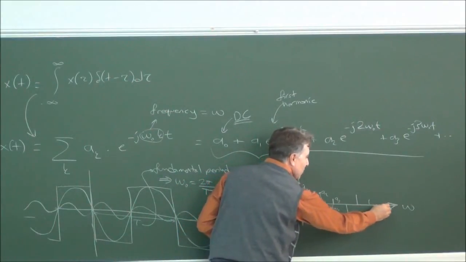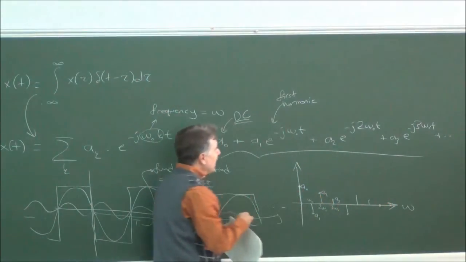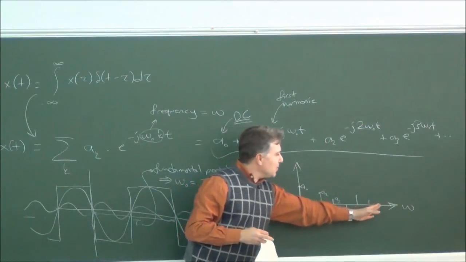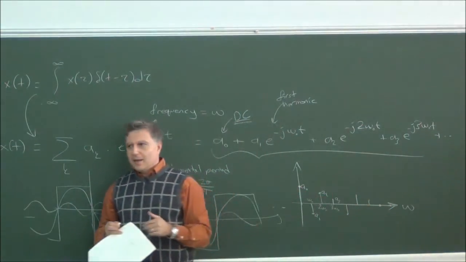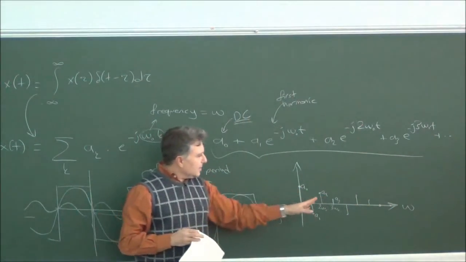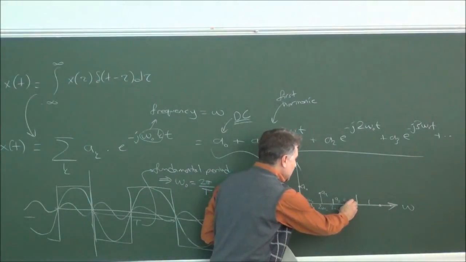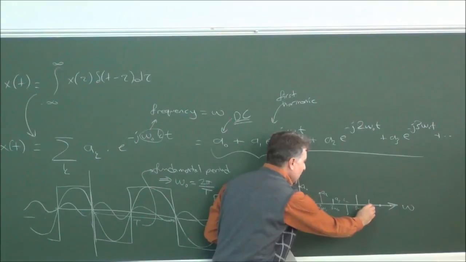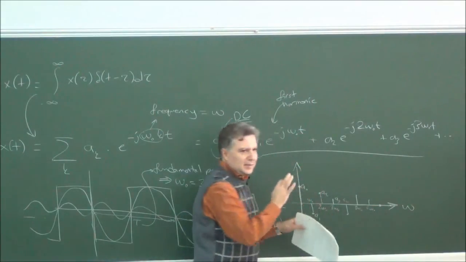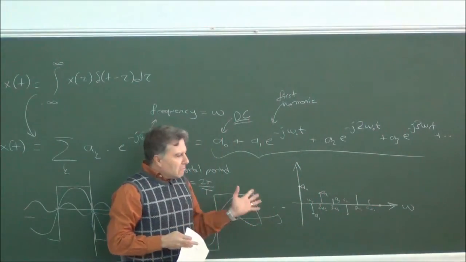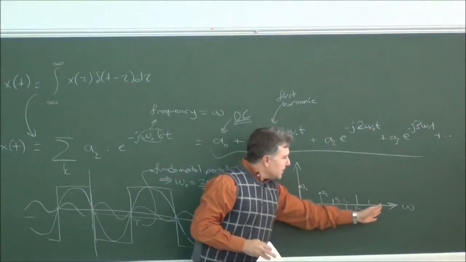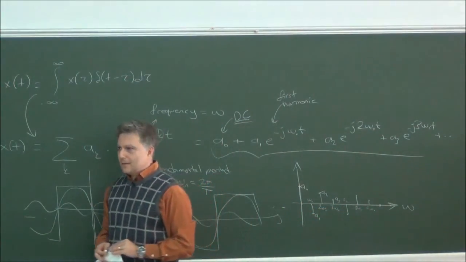Let's say that all the other A coefficients become 0 after some frequency. By just looking at that frequency value, this is 3 omega 0, so 4 omega 0, 5 omega 0, and 6 omega 0 is the last, let's assume. It's just an assumption. And after that, we have nothing, let's say.